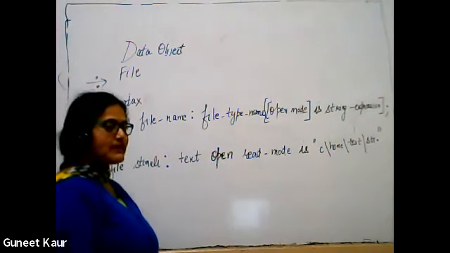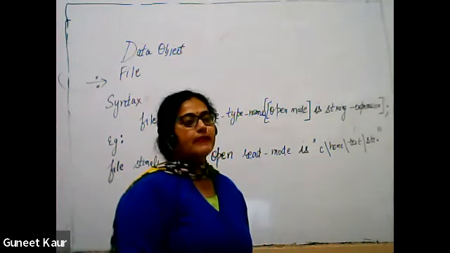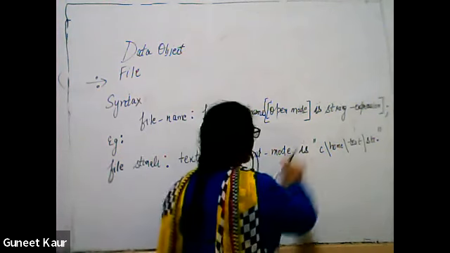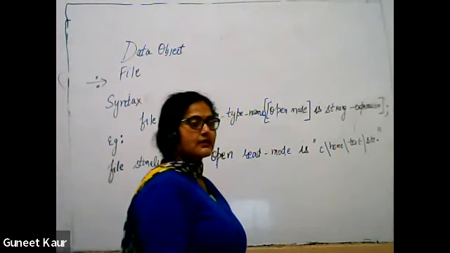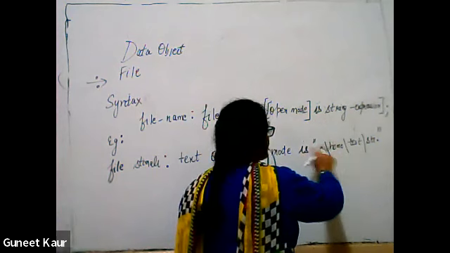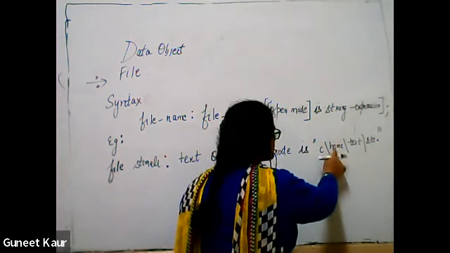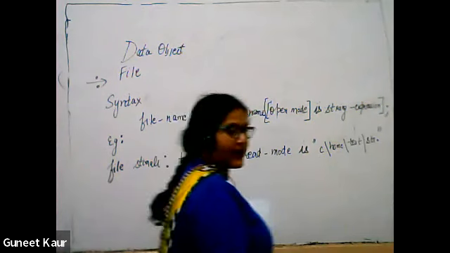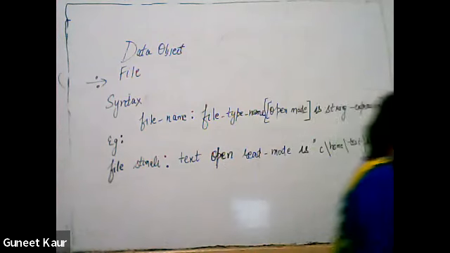If I am not mentioning any mode here, then by default this will be read mode. So read-mode is a keyword. You can compare this example with the syntax also: the string expression is in double quotes, C backslash home backslash test backslash STI dot, double quote ending.